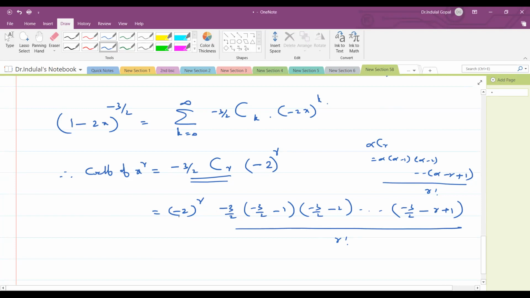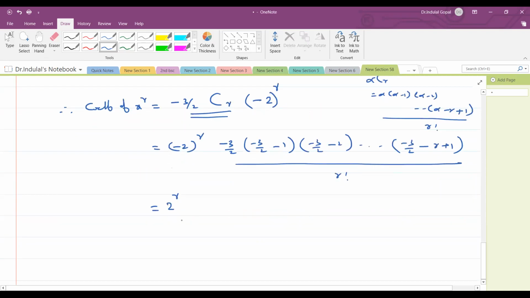In this minus 2 raised to r, there is a minus 1 raised to r. And from these r terms, we take minus 1 outside. That will give minus 1 all raised to 2r, which is positive. Therefore, what remains is 2 raised to r by r factorial into 3 by 2, 3 by 2 plus 1, 3 by 2 plus 2, etc. 3 by 2 plus r minus 1. And from these r terms, we take 2 from the denominator.